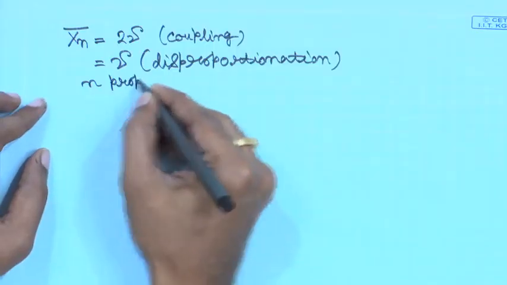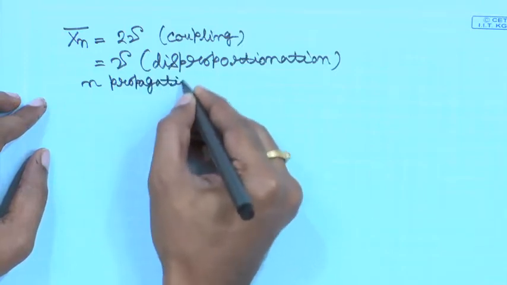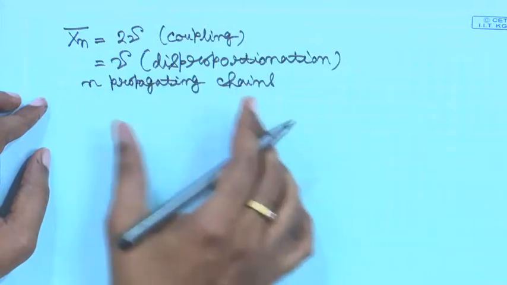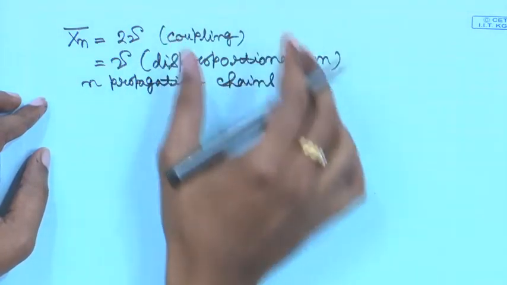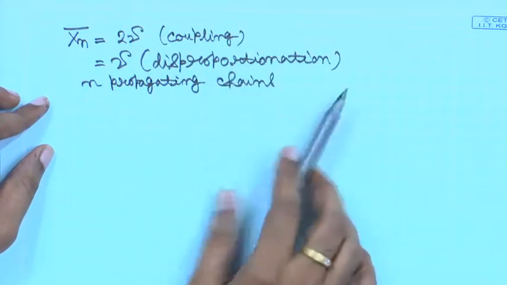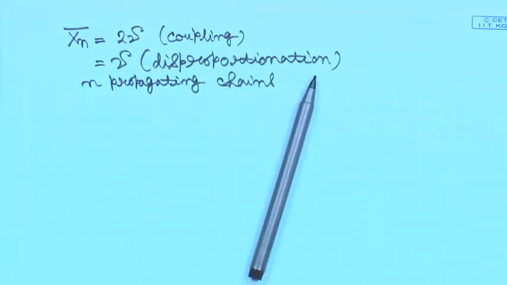So, let us say you have n number of propagating chains, and let us say the termination for this particular system happens only through coupling or disproportionation. Now, remember when you have coupling, two chains are coming together.